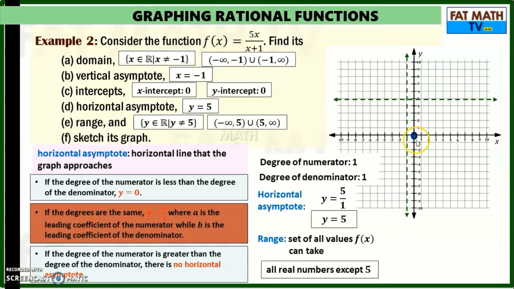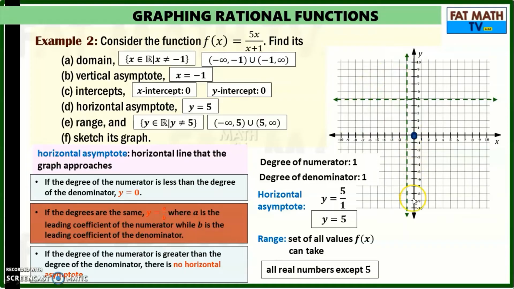And how do you graph that? If it's the common type of rational function like this, linear over another linear, then it's just a pair of hyperbolas, or you have a hyperbola. So you are expecting that the graph is going to be here and the other one is here, one pair.